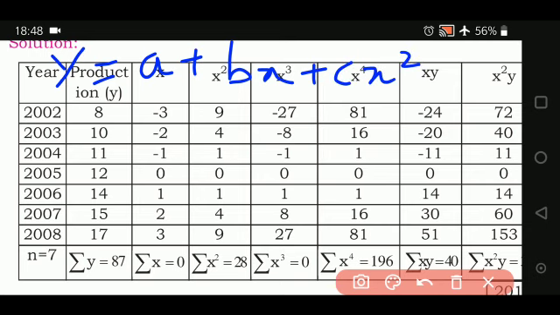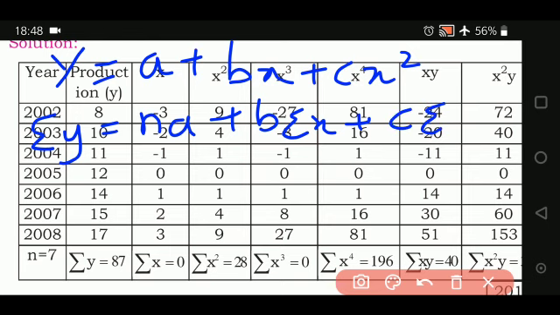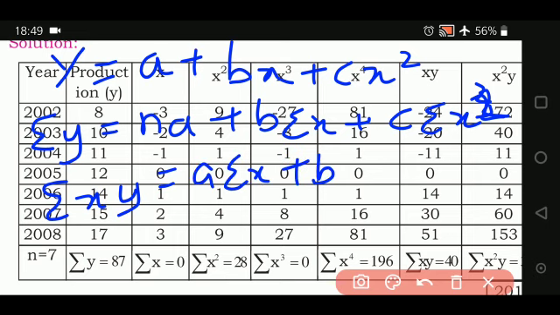Our first normal equation is going to be summation y is equal to na plus b summation x plus c summation x square. Then the next one is going to be summation xy is equal to a summation x plus b summation x square plus c summation x cube.